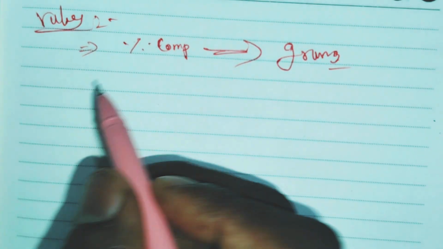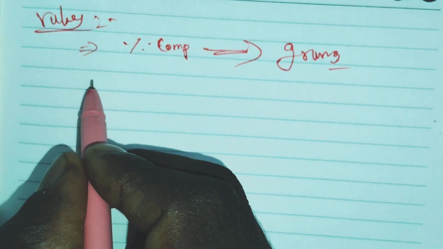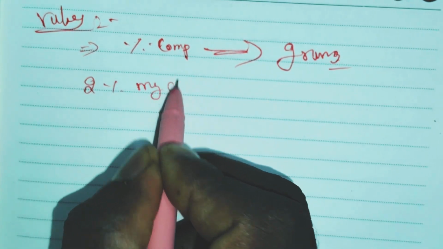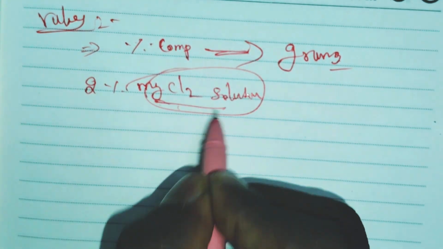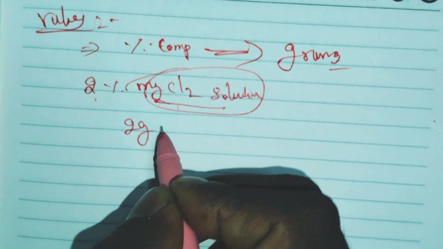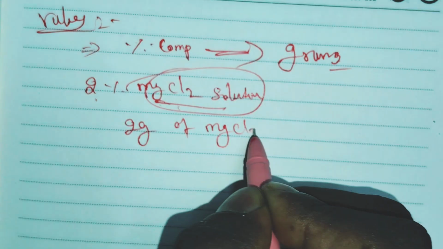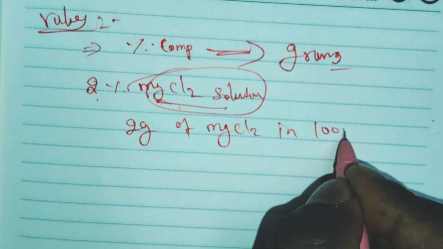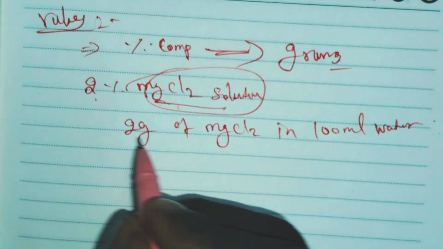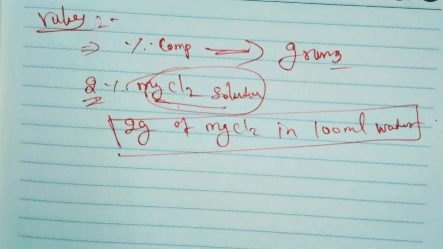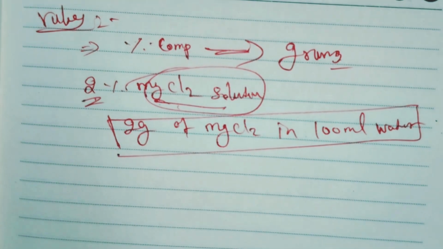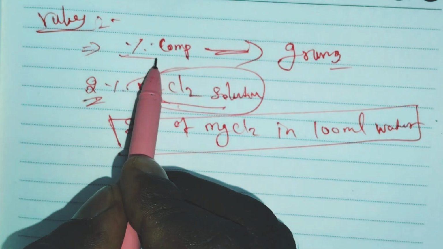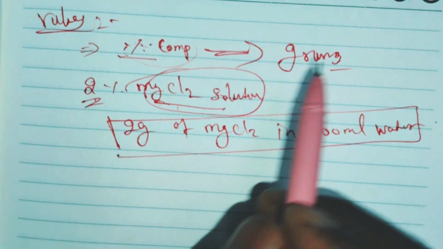For example, a 2% magnesium chloride solution is prepared with 2 gram of magnesium chloride in 100 ml of water. So this solution is a 2% solution. That's why, if the question is given in percentage, we can take that value directly in grams.